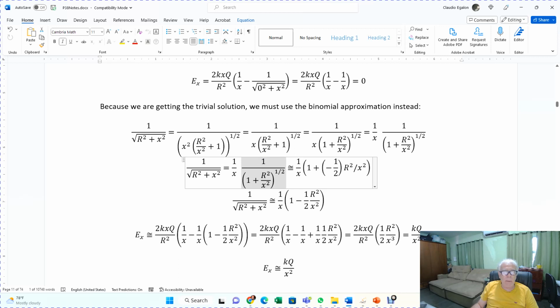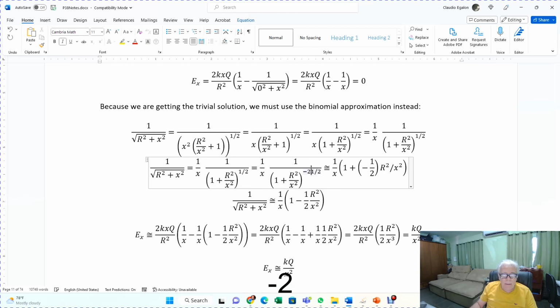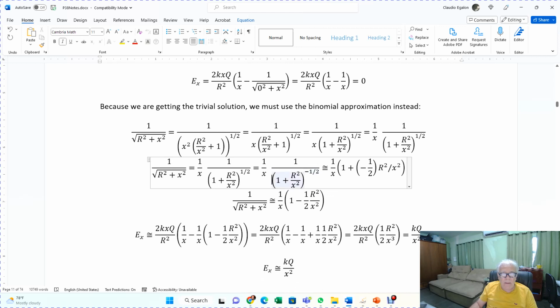It's going to be given by this term, 1 minus the power that we see here. The power here is minus half, right? That's why we have a minus half here. So strictly speaking, this ratio that you see here is something like that.